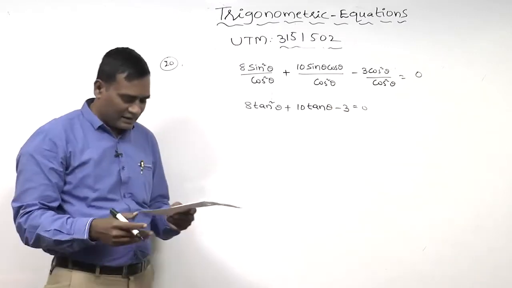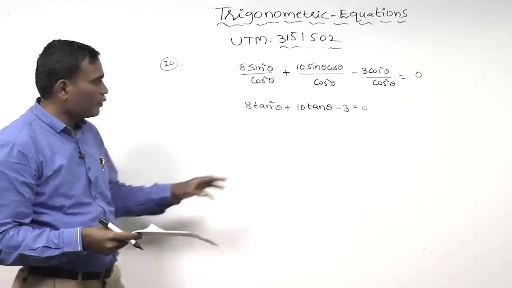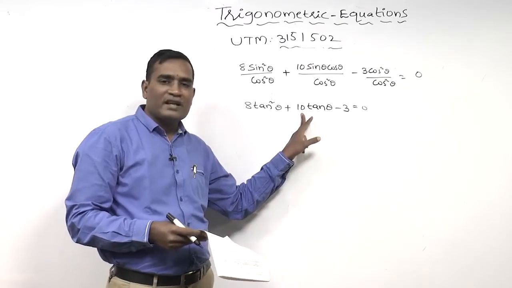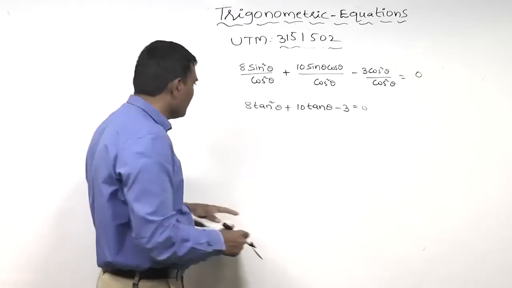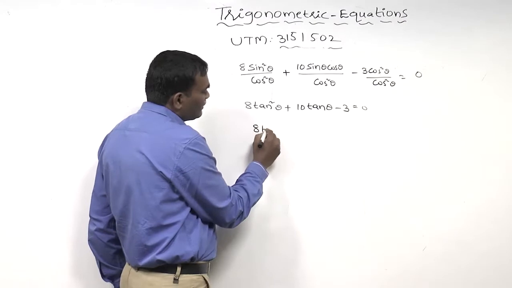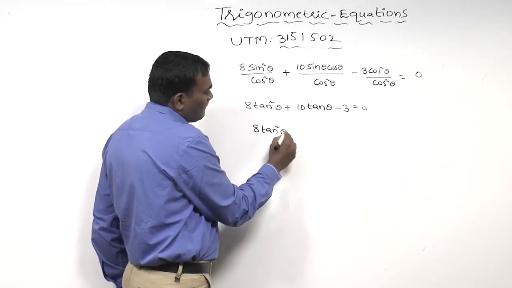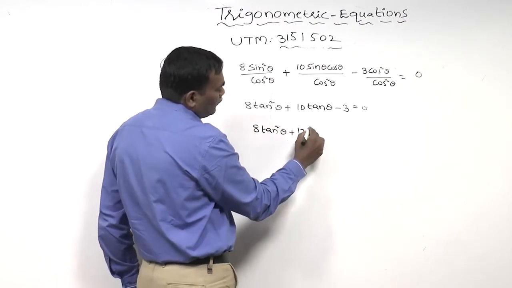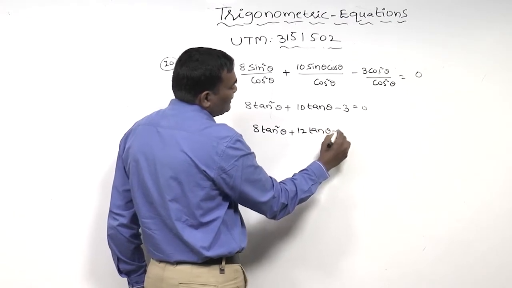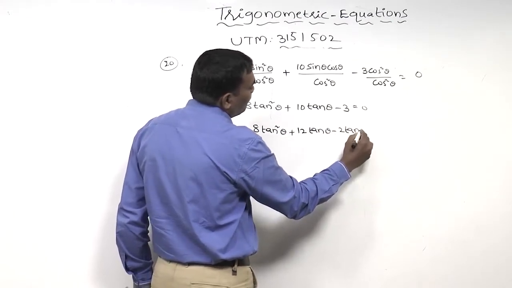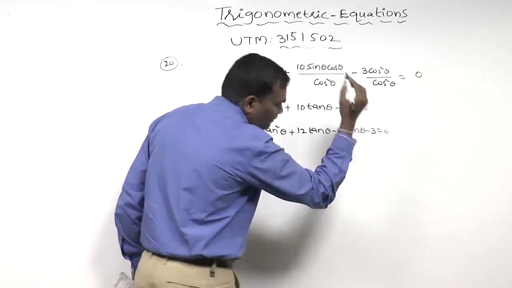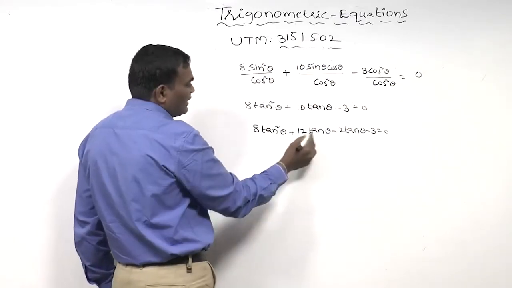Now you factorize. 8 into 3 is 24. What are the factors here? 10 is there. 12 into 2 is 24. Yeah. 8 tan square theta plus 12 tan theta minus 2 tan theta minus 3 is equal to 0. Here what is common?